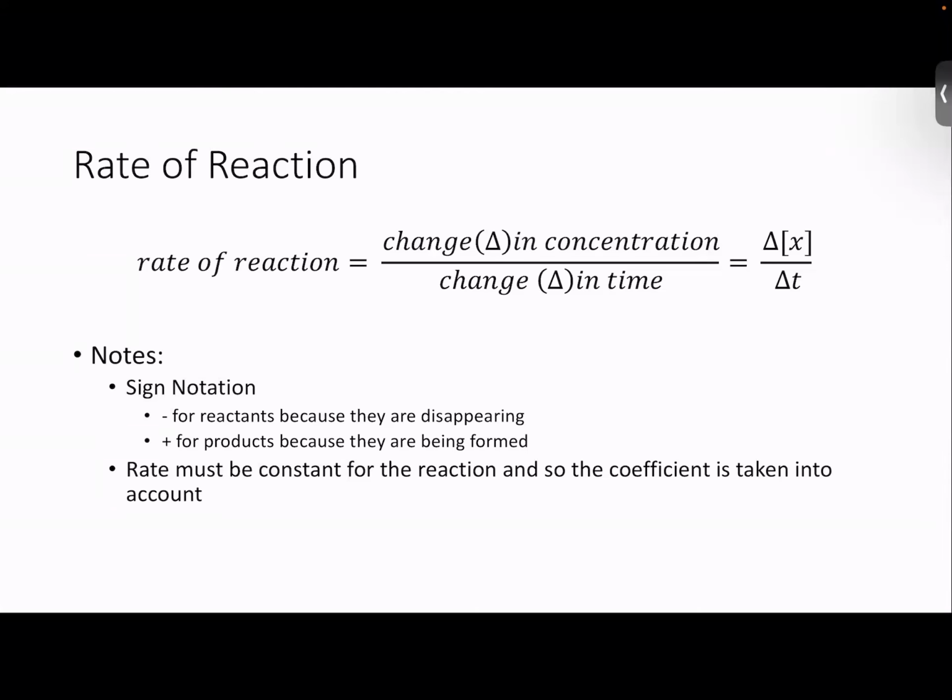Now, with the rate of reaction, we also do have some sign notations. And really, these sign notations exist because a rate cannot be negative. Can you go a negative speed? No, you can only go positive speeds. Can concentration ever go negative? No, you can only get down to 0.